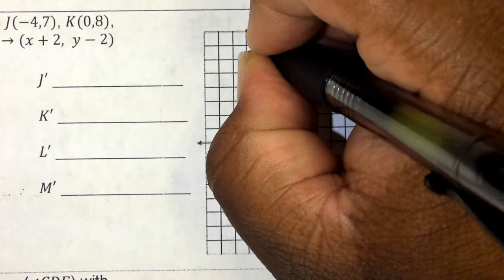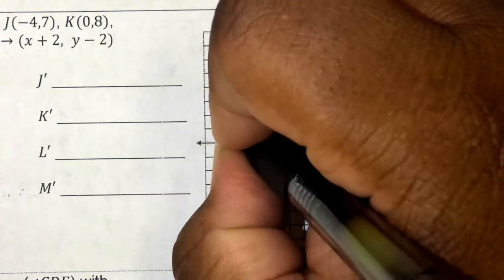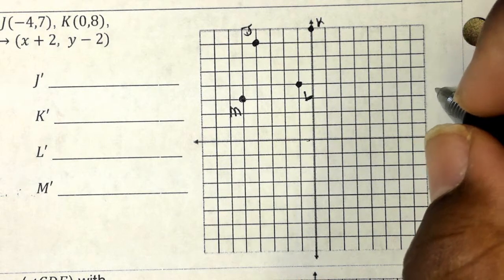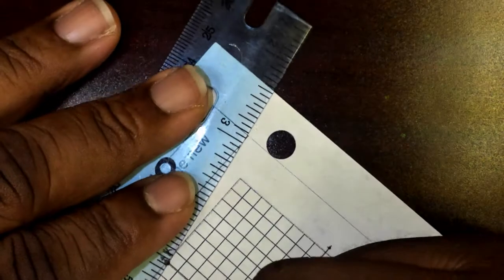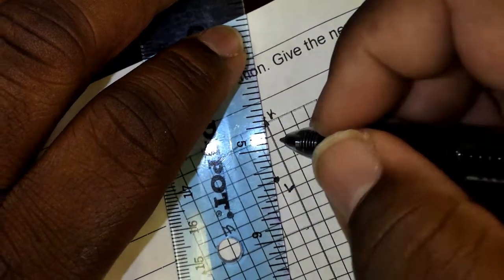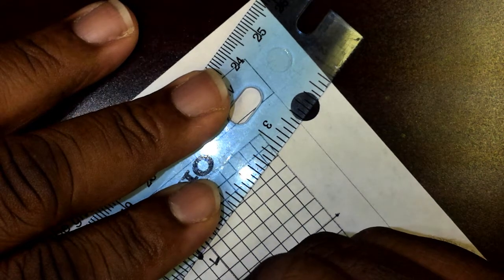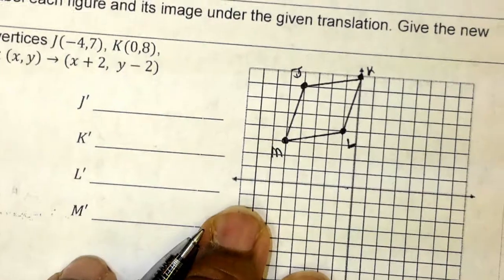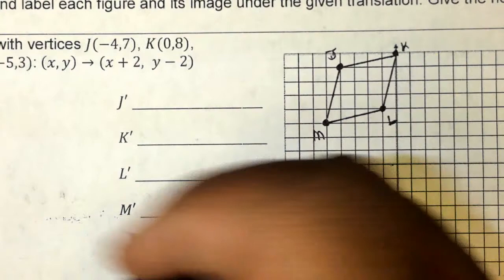So you have J, K, L, M. Put those on, and I'm going to write my originals out here.